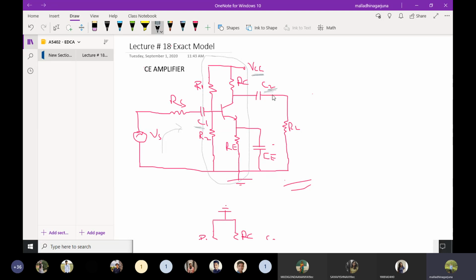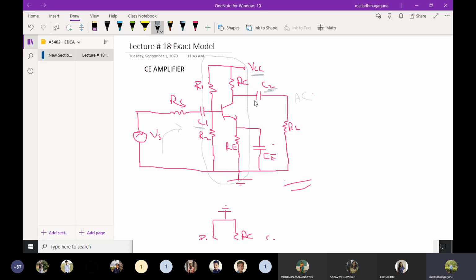If some DC signal is added because of VCC, that DC signal will be blocked across C2, and the remaining pure AC signal will go to the load resistor here. So here we get only AC signal. These two capacitors, the input capacitance and output capacitance, we call coupling capacitors or blocking capacitors, which block the DC signal in the waveform. It allows only the AC signal.